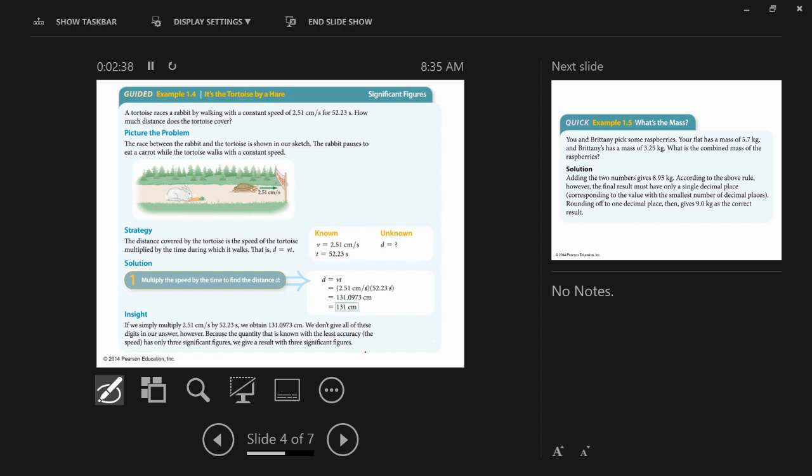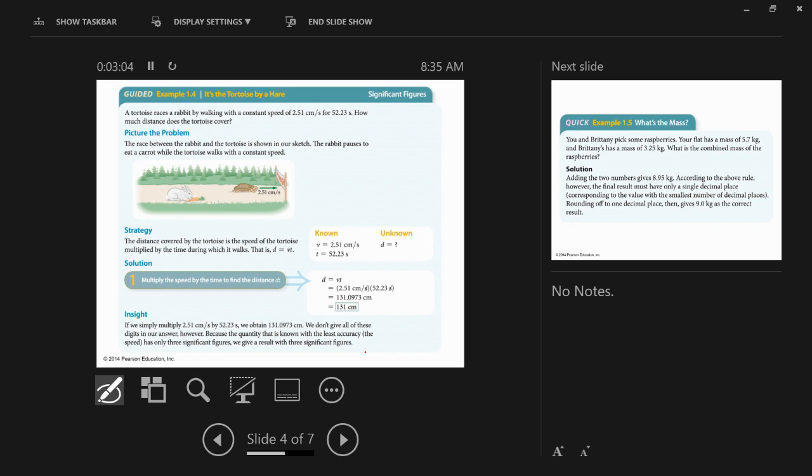All right, so a tortoise races a rabbit by walking at a constant speed of 2.5 centimeters per second for 52.23 seconds. How much distance does the tortoise cover? Okay, so you need to remember your formula. Or before we even start that, let's practice our strategies. We read the problem, okay? Then we need to try and visualize what's happening.